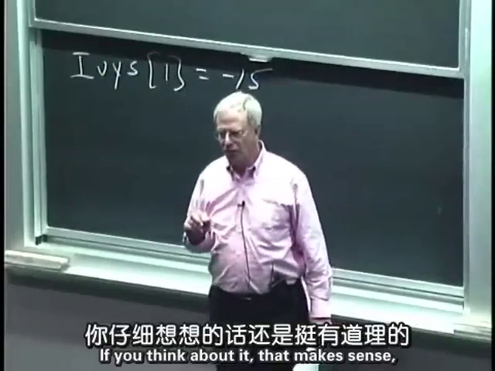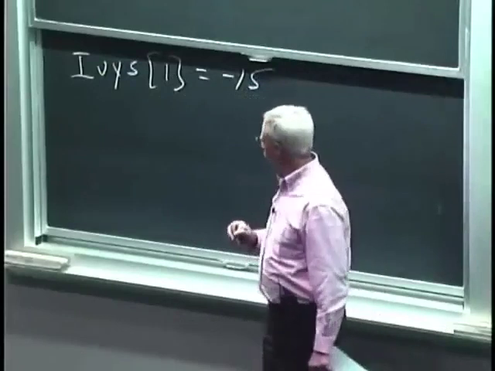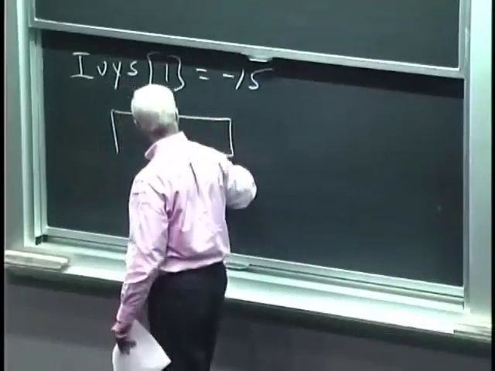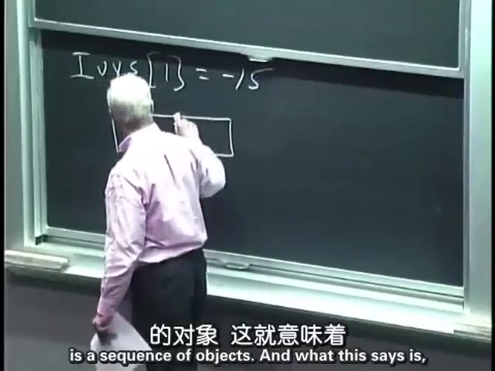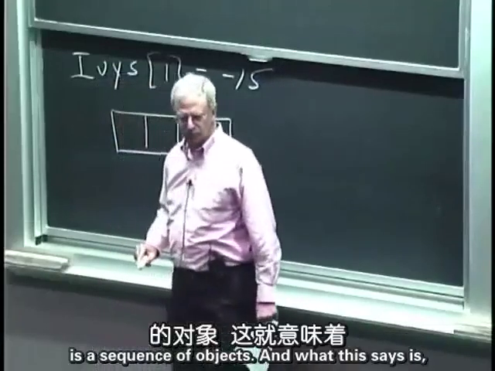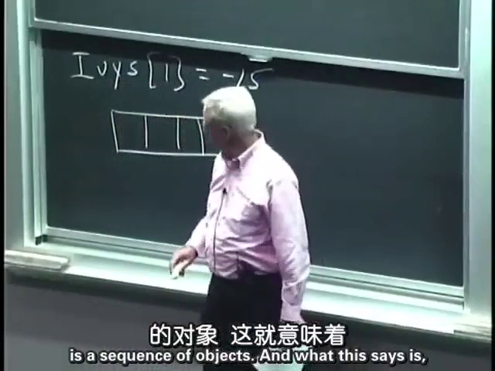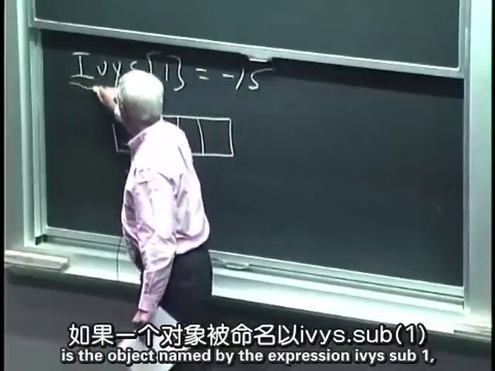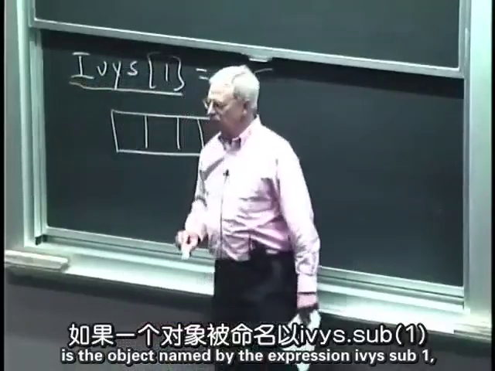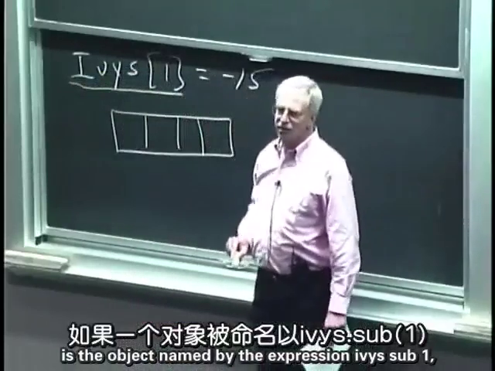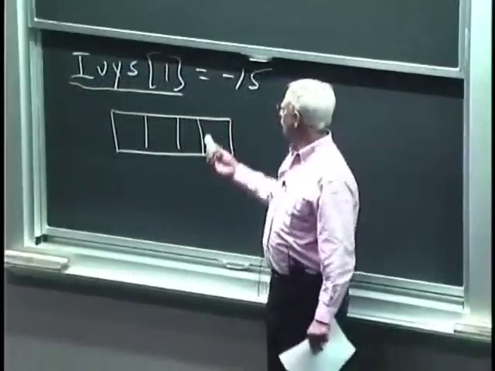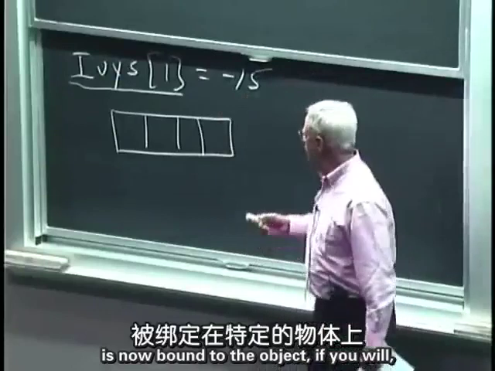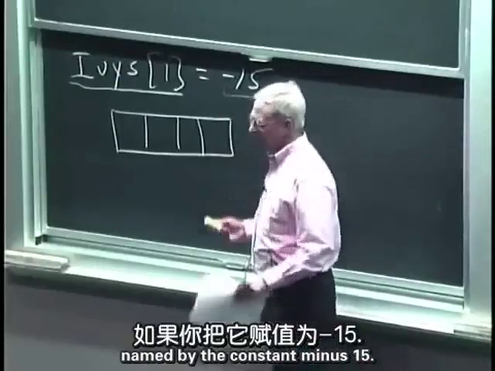If you think about it, that makes sense, because what a list is, is a sequence of objects. And what this says is the object named by the expression IVs sub 1 is now bound to the object, if you will, named by the constant minus 15.